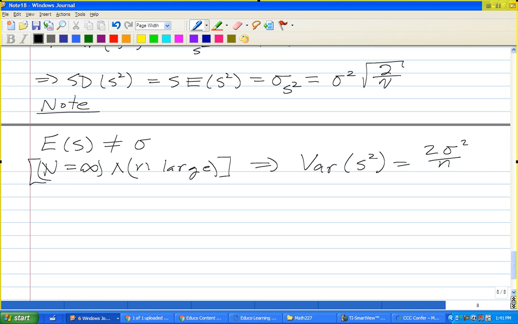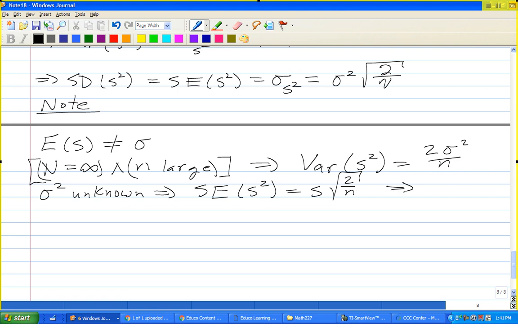And if in addition the population variance is unknown, the standard error is approximately the standard deviation times radical 2 over n.